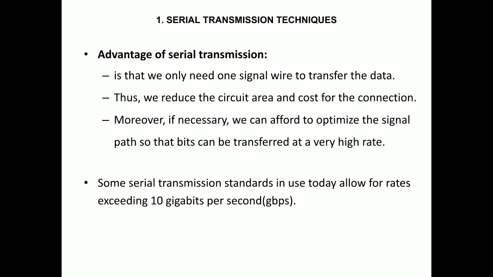Also, if you use some modern techniques, we can optimize the signal path, meaning with the help of some circuit techniques, we can maintain the signal strength. As an example, the serial transmission data rate is 10 Gbps, and it is exceeding more than 10 Gbps in serial transmissions.